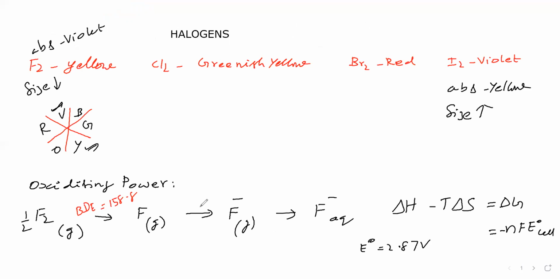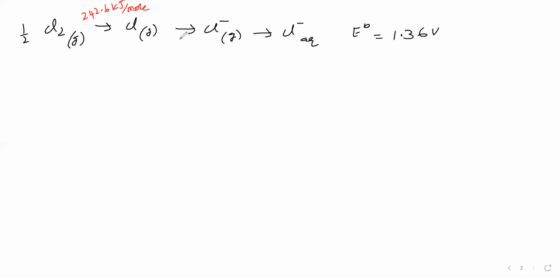Then we'll see electron gain enthalpy. Electron gain enthalpy for fluorine is minus 333 kilojoule per mole. Minus means exothermic. For chlorine it is minus 349. So electron gain enthalpy is exothermic for both, and it is higher for chlorine.